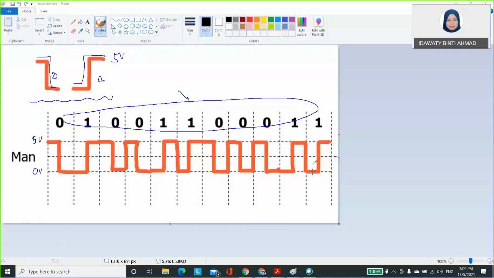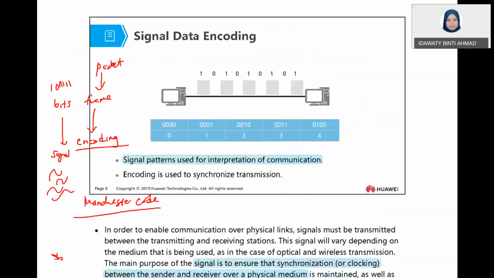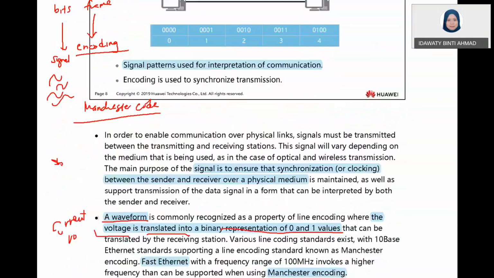One thing that I want you to observe is the clocking. Before I go there, I need to stop sharing this. I want to talk about the main purpose of encoding. Clear my notation first.